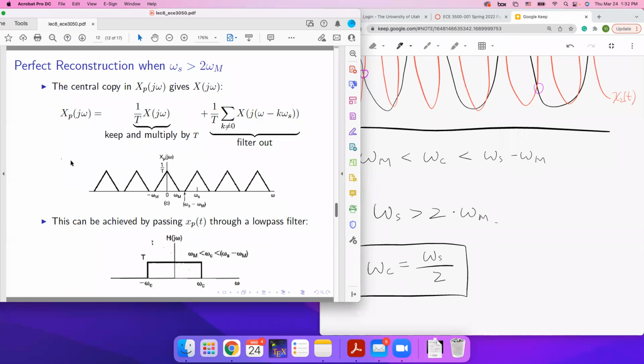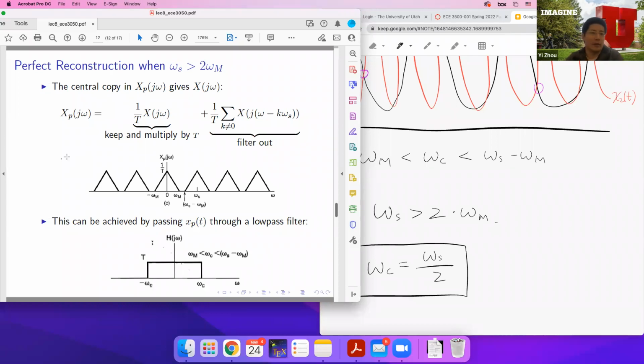Yes. When you do the low pass filtering, in the sampling process, this spectrum is scaled by 1/T.